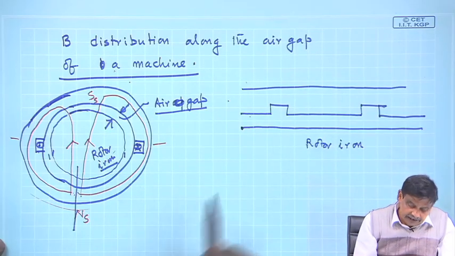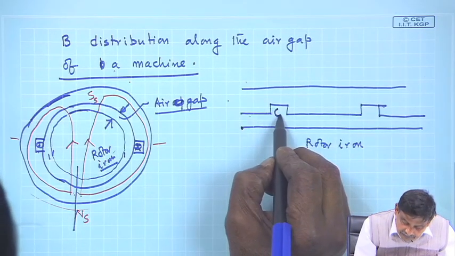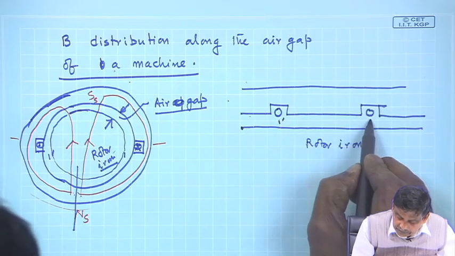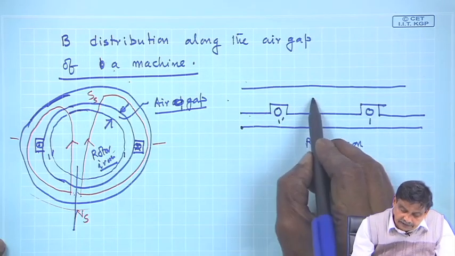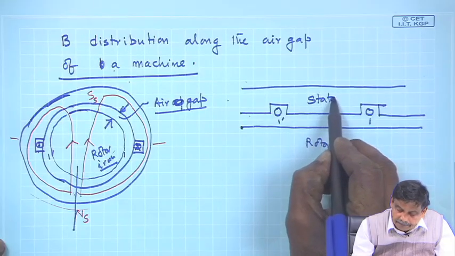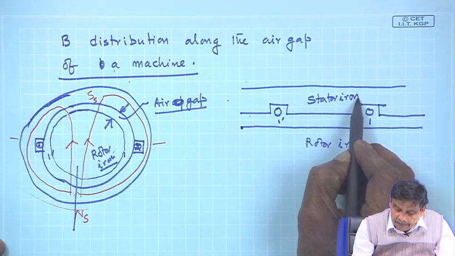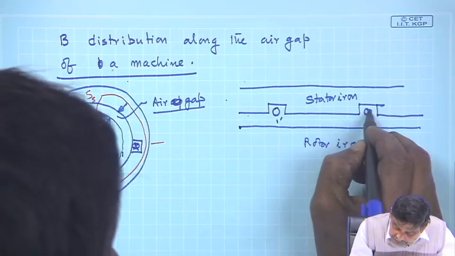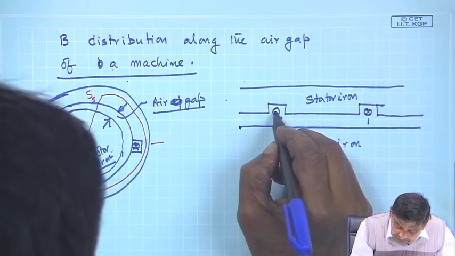I think you have got the idea, and here is 1 dashed and here is 1, is it not? This is stator iron, and I have assumed the current as cross and this is dot.